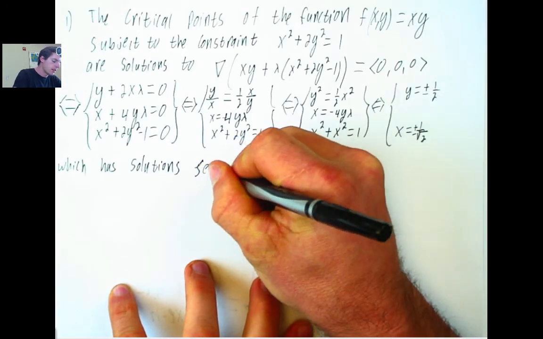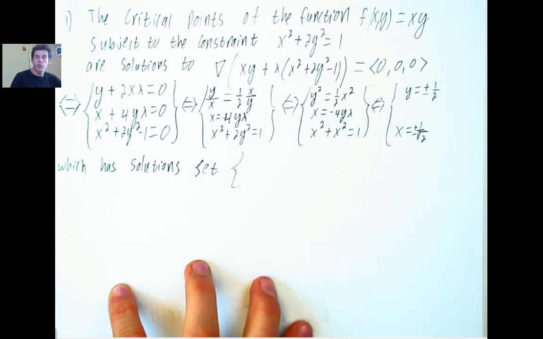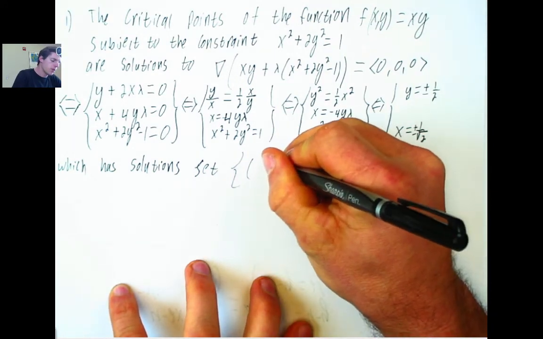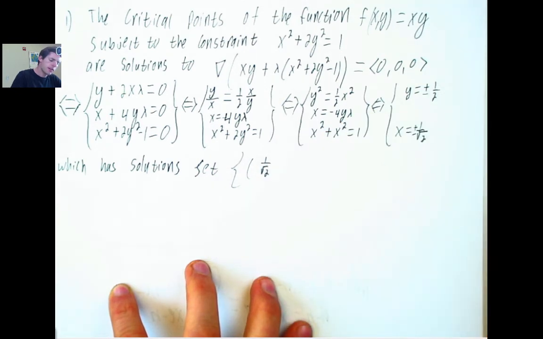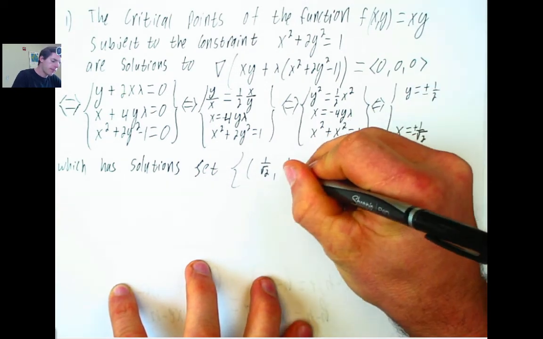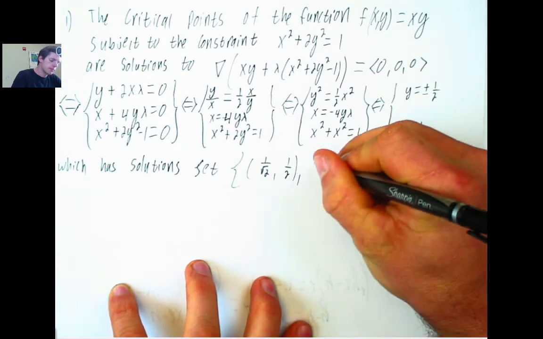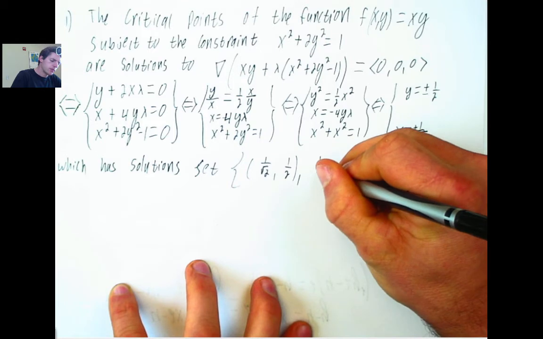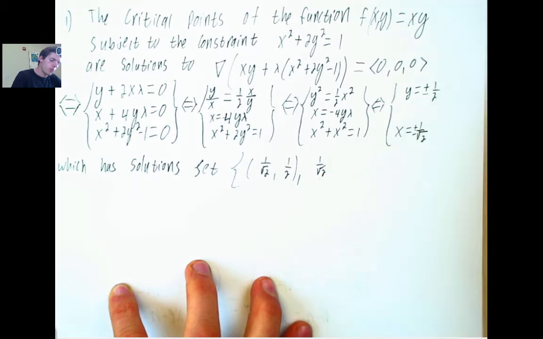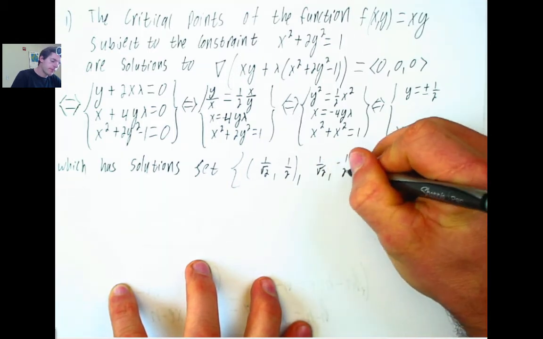I suppose in order to be fully honest, I should say x can be 1 over square root of 2, and y can be 1/2. I could also have 1 over square root of 2 with negative 1/2.